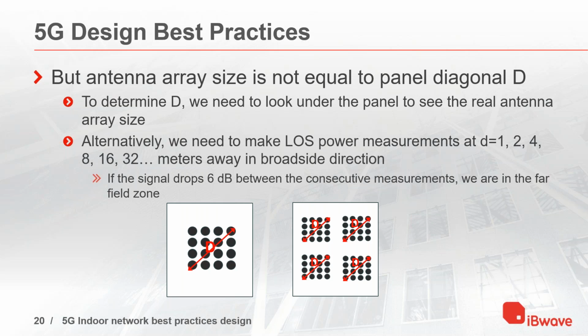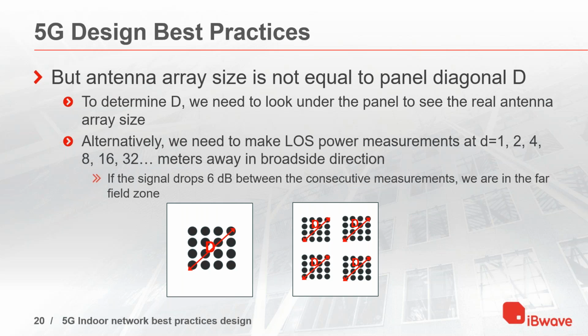So how do you figure out what the near far field boundary is? You can do it by opening the panel and measuring this distance, or if you don't want to or need to open the panel, you can do it by measuring the power. You measure the power broadside, line of sight of the small cell, while doubling the distance between the antenna and the measurement equipment.